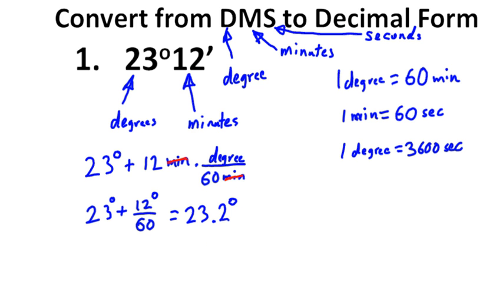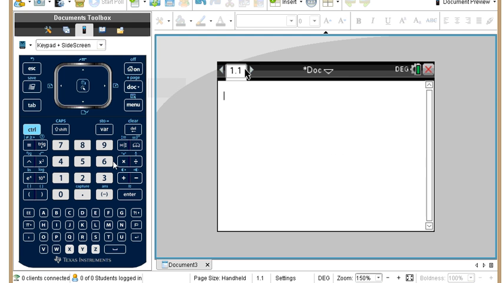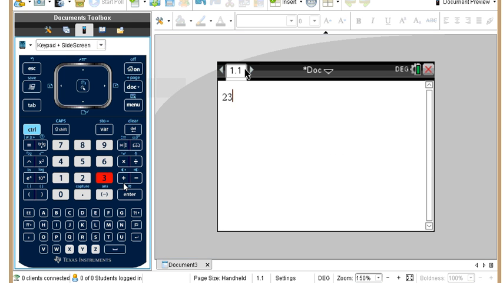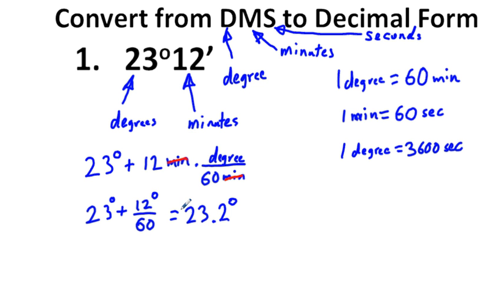Just to be sure, we can go to our calculator and put in 23 plus 12 over 60, and there we have 116 over 5, an improper fraction, which we simplify in decimal form to 23.2 degrees. So that is our answer, which we box in as correct.